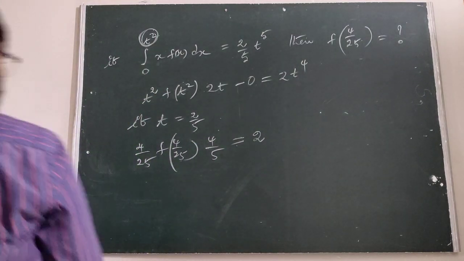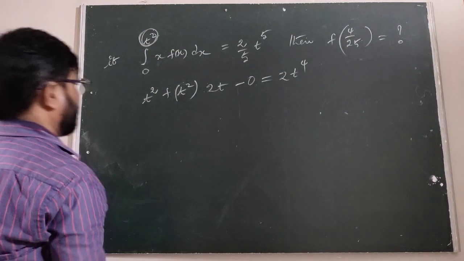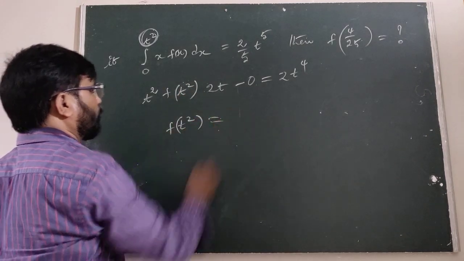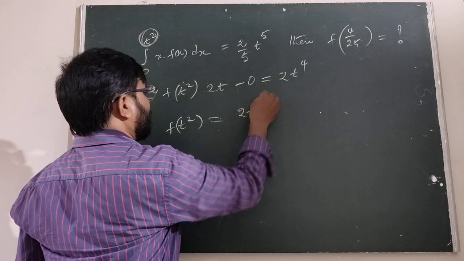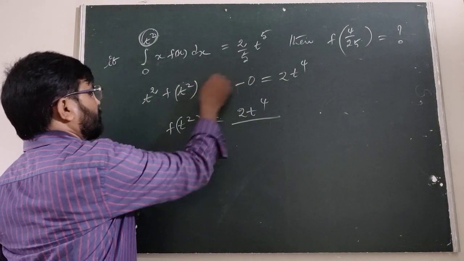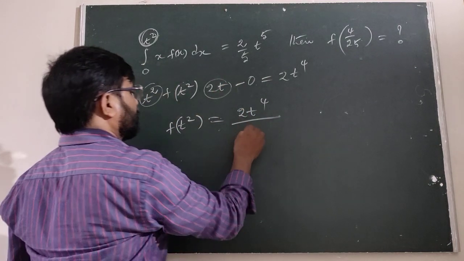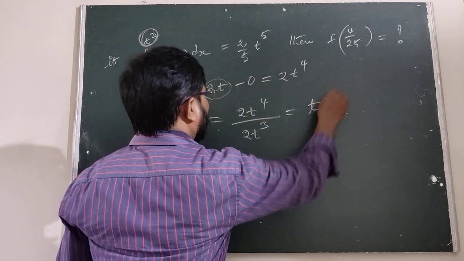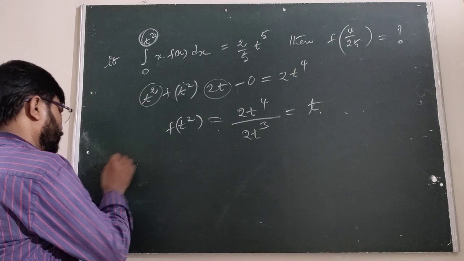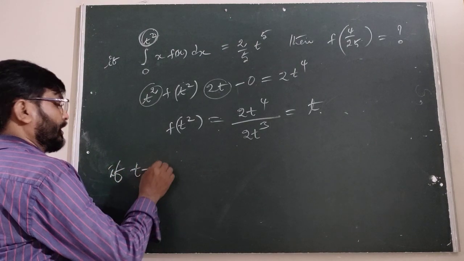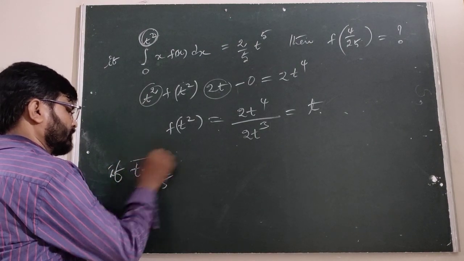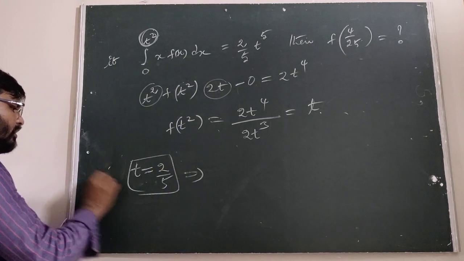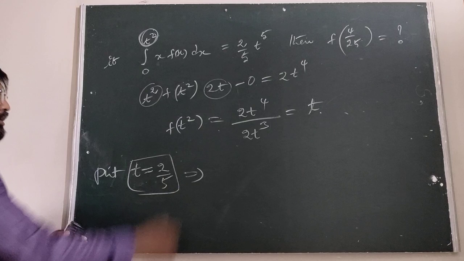Here all of you observe. First you can write f of t square equal to 2 into t power 4 upon 2t, which is 2t cube, into t square. Now this will be t only. Now we substitute t equals 2 by 5. Why are we substituting t equals 2 by 5?